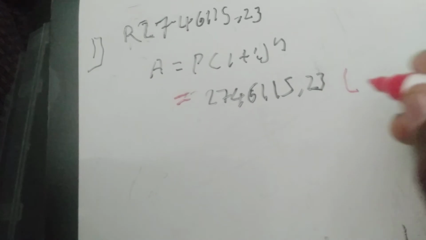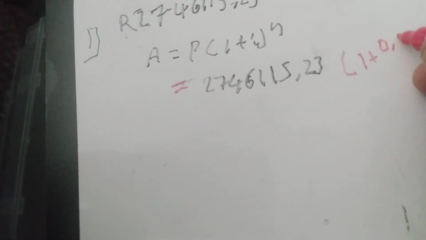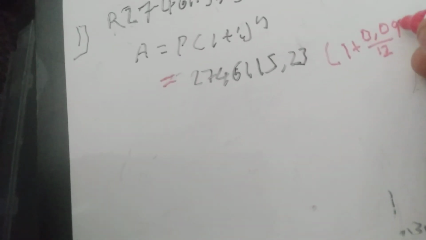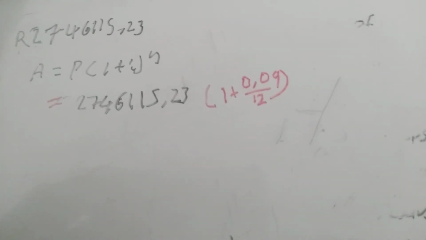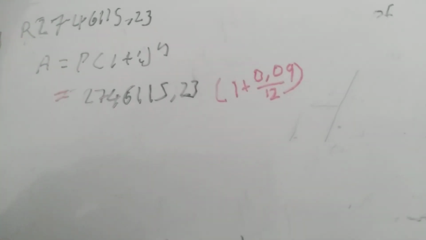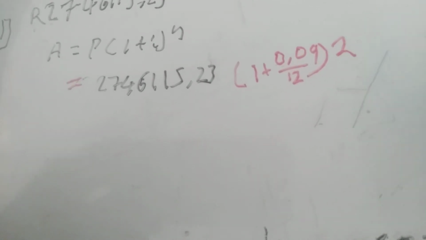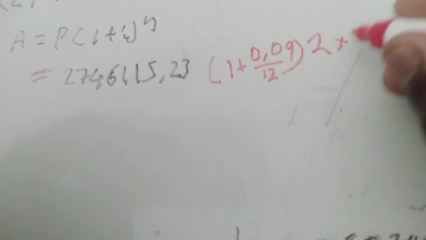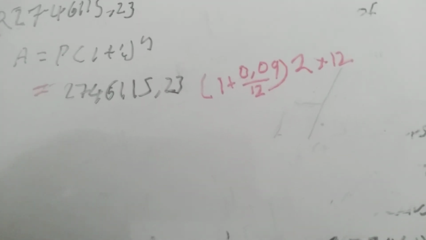Remember this was P, and then this is going to be 1 plus 0.09 divided by 12. The money is going to grow for a further 2 years, so we say 2 years, and that 2 is multiplied by 12 because it was monthly. So then this is what we have.